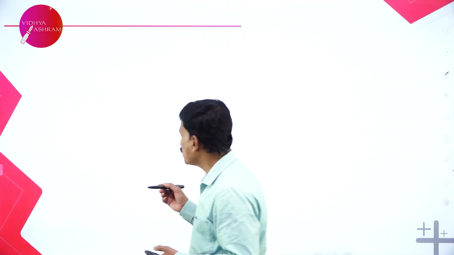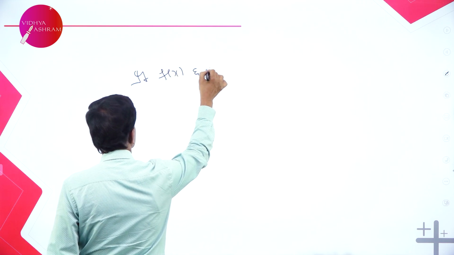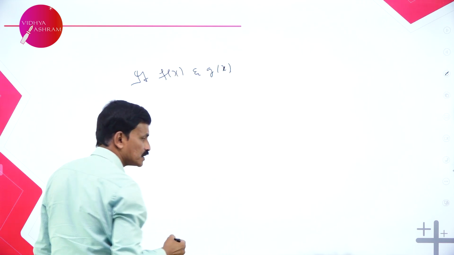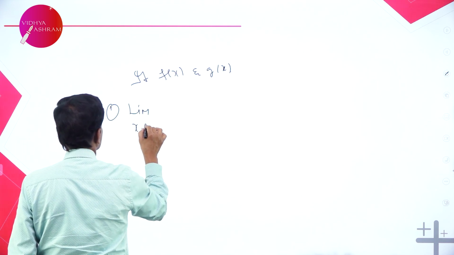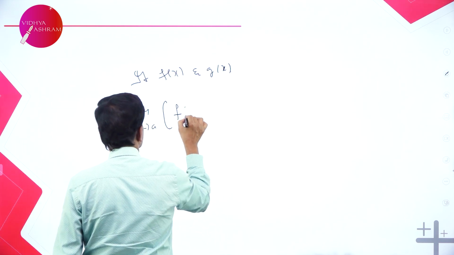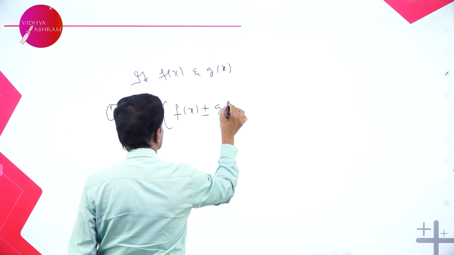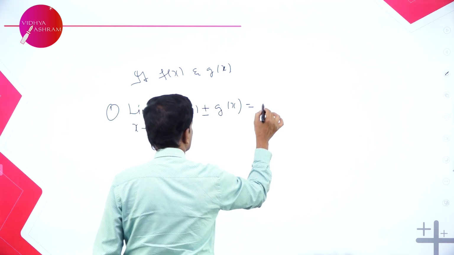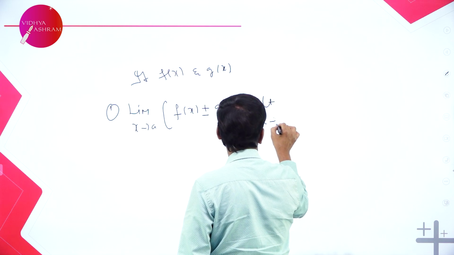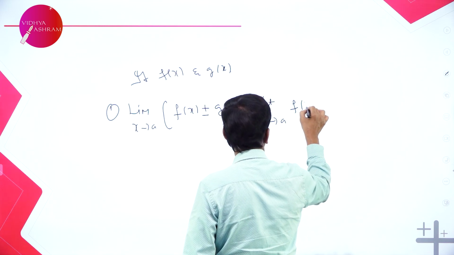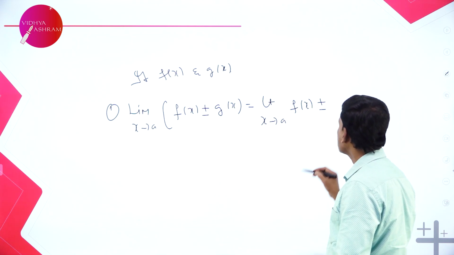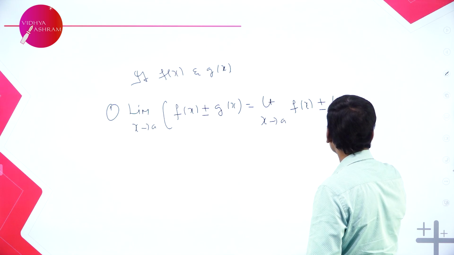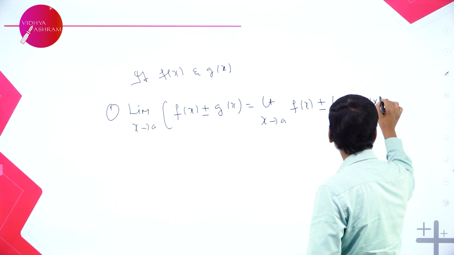Now let us discuss some algebra of limits. Suppose f of x and g of x are any two functions, then the limit x tends to a of f of x plus or minus g of x is equal to, evaluating turn by turn, the limit x tends to a of f of x, if it is plus put plus, or minus means minus, and apply the limit for the second function, limit x tends to a of g of x.